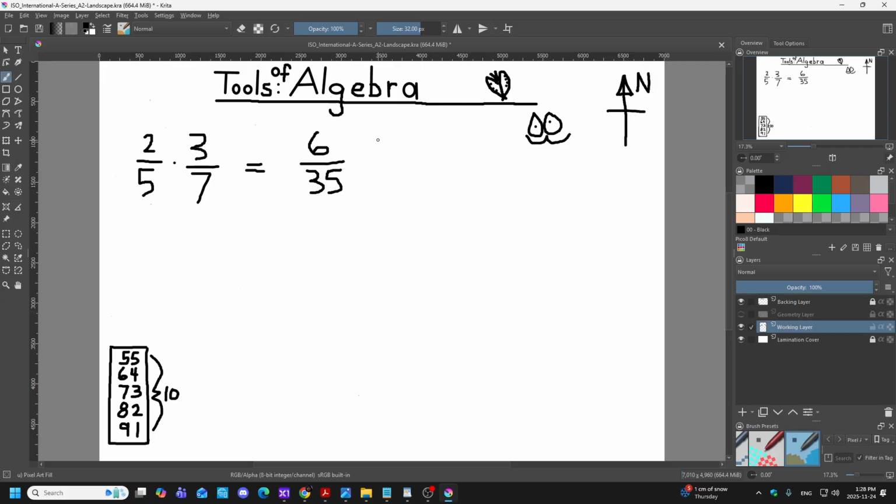We know 2 times 3 is 6, but neither of these numbers, as we can see kind of in the beginning here, has anything common, so we must be done.